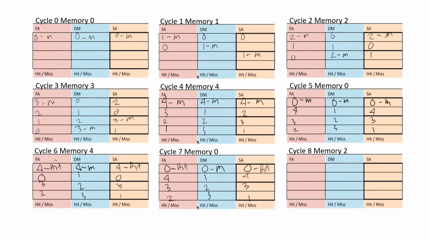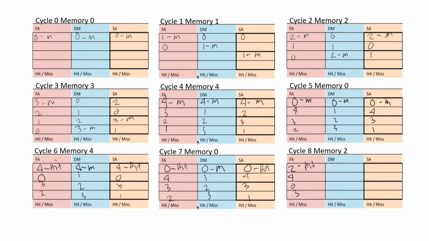Lastly, it's memory 2. So what will happen in fully associative? Okay, 2 is actually a hit. So 4, 0, 3. Direct mapping, it's 2. So 2 is a hit.